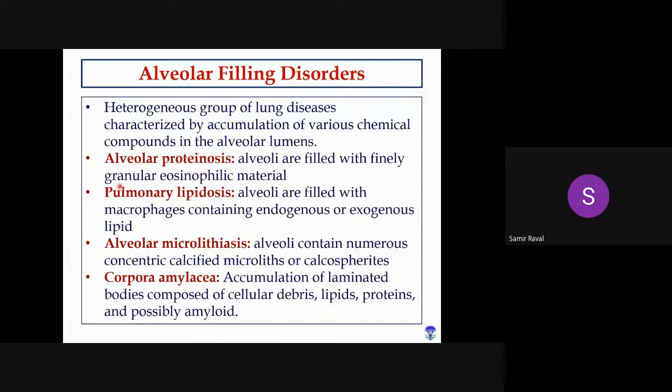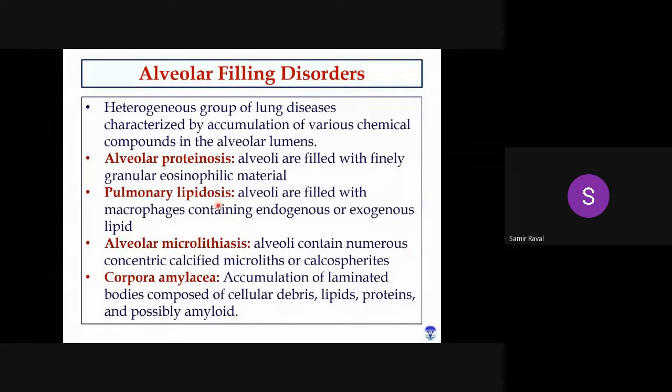So the first condition is alveolar proteinosis, right? When alveoli are filled with finely granular eosinophilic material, particularly when it is rich in protein. Second one is pulmonary lipidosis, right? So alveoli are filled with macrophages that contain either endogenous or exogenous lipid. In that case, we will use the word pulmonary lipidosis or lipid pneumonia.